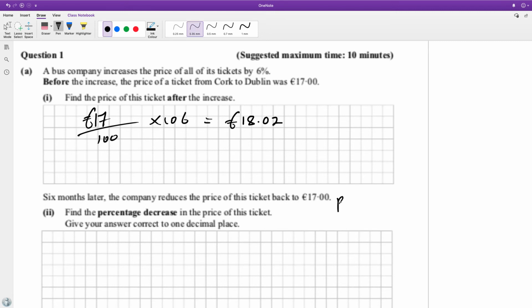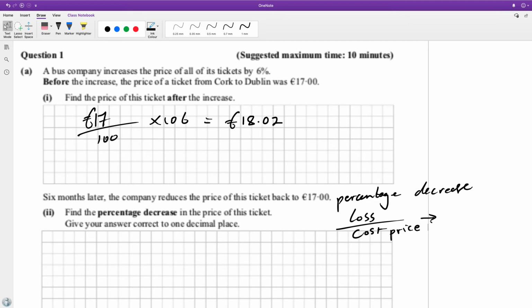Percentage decrease is the loss over cost price. Yeah, so that's the loss, but it's not 1%.